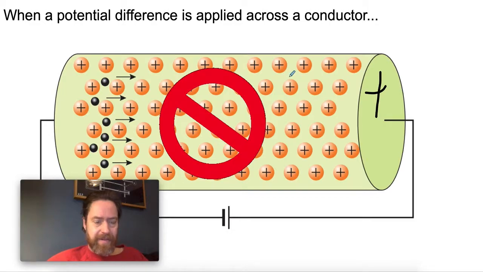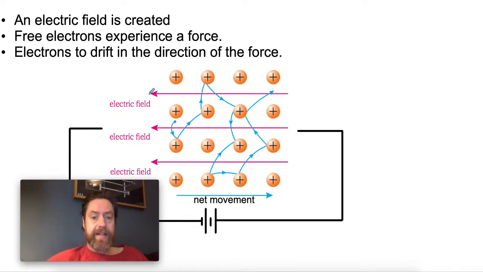But this diagram's not right. Although they are tending to move this way, it makes it look like each electron is just moving right. But that's not happening. What this diagram should be more like is something like this. The electrons are constantly moving between the ions, colliding with them.